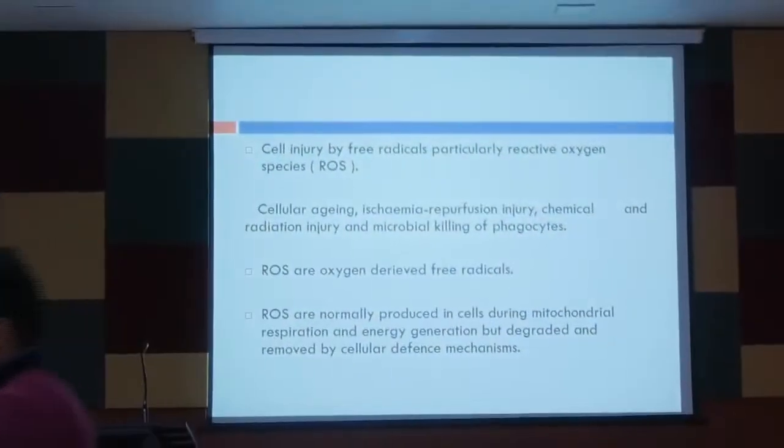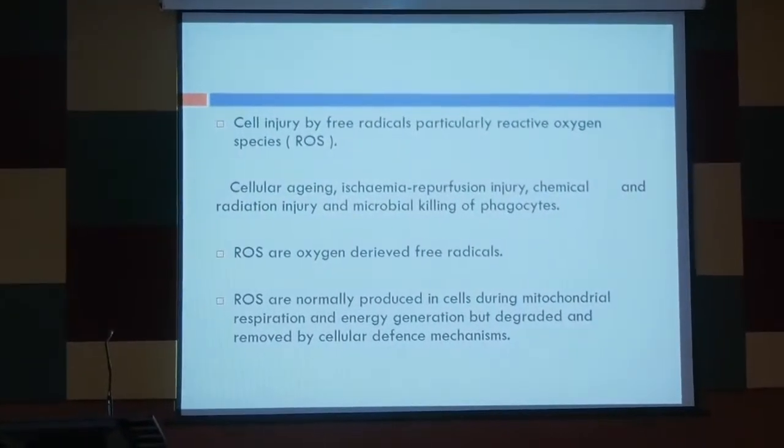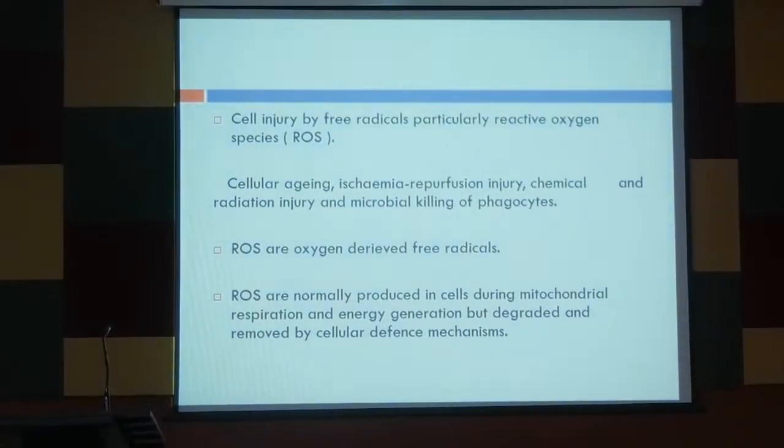As I have mentioned, free radicals also form during normal respiration, but we have enough scavenging mechanisms to destroy them. That's why we do not get oxidative stress. Only when the scavenging mechanisms are jeopardized to such an extent that the reactive oxygen species start accumulating in the body do we get oxidative stress.